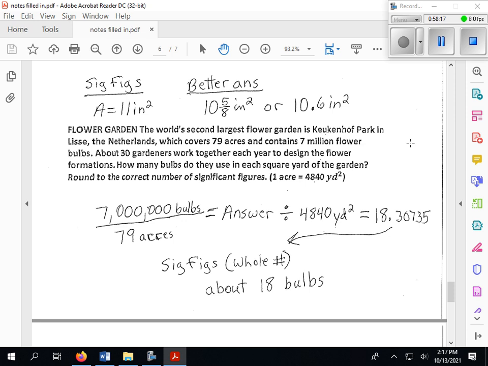So we've got this 3 by 3 square, and we're trying to figure out how many flower bulbs are in that 3 by 3 square. Are we going to put down 18.30735? Just 18, because we're just looking at how many bulbs. About 18 bulbs in that 3 by 3 little area.